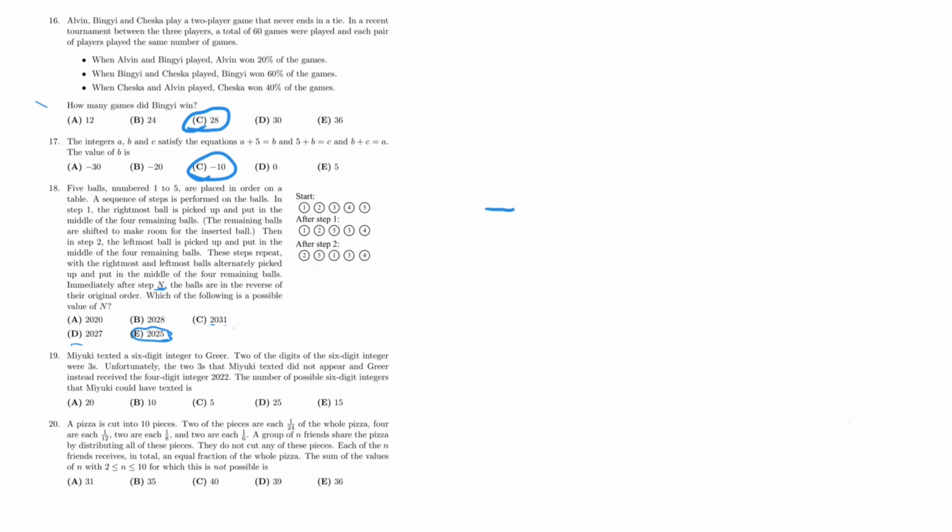So 6-digit number, 1, 2, 3, 4, 5, 6. With the 2 3s, where we put them, that is among the 6 positions. Use the combination.